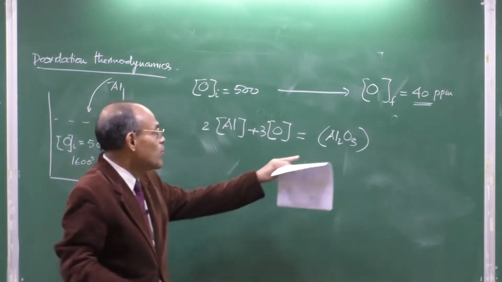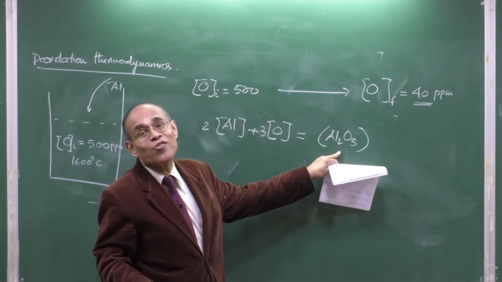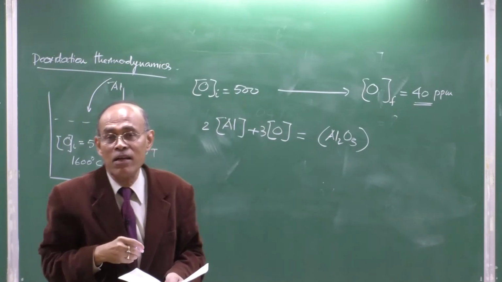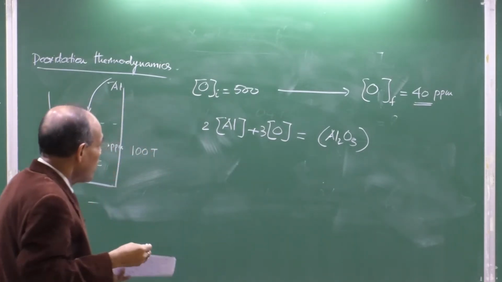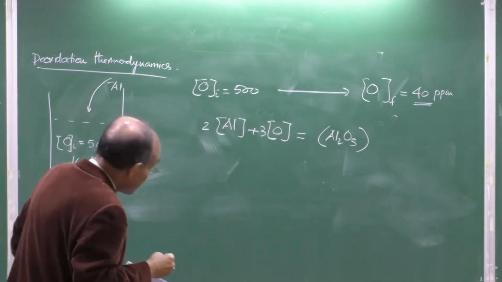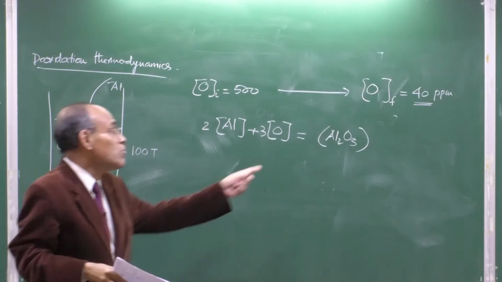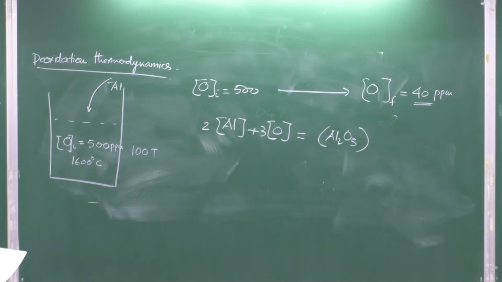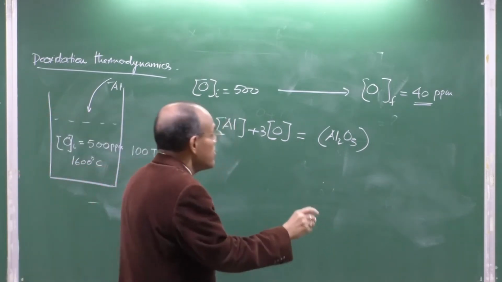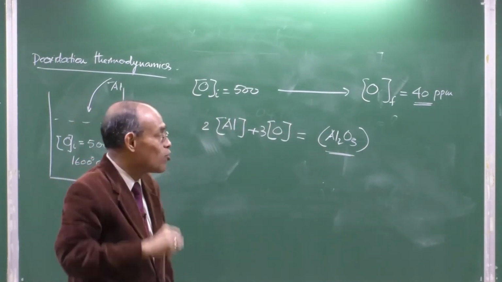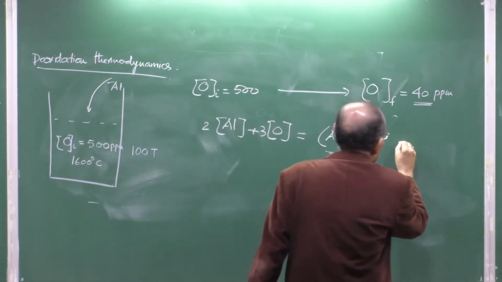If it is pure alumina, we understand that the activity of Al2O3 is going to be equal to 1. If it is in some kind of mixture, aluminosilicate or a mixture of oxides, say MnO as well as Al2O3 as well as SiO2, in that case we have to know the activity of alumina in that particular deoxidation product. In the latter case, to find the activity of Al2O3, we have to be given two things.